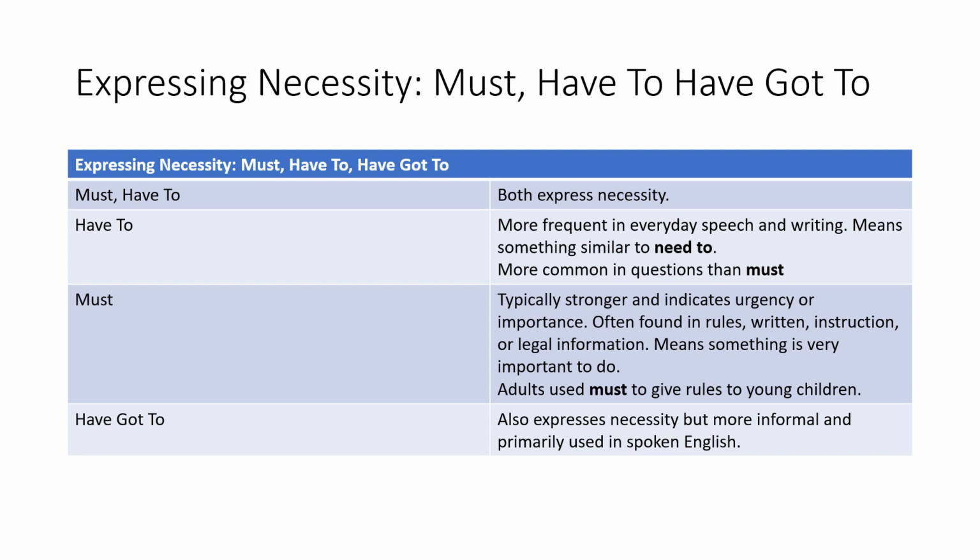It means something is very important to do. The other thing to keep in mind about using must in everyday conversation is that it's often used when adults are talking to young children to give them rules. So if you are talking to someone who is not a young child and you are saying you must do something, right?